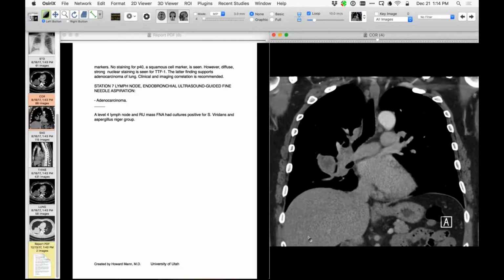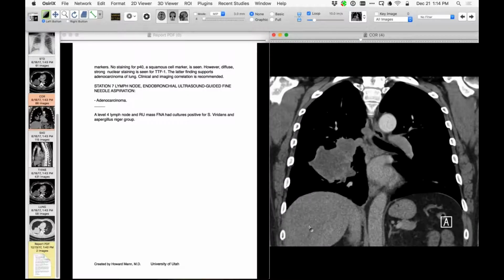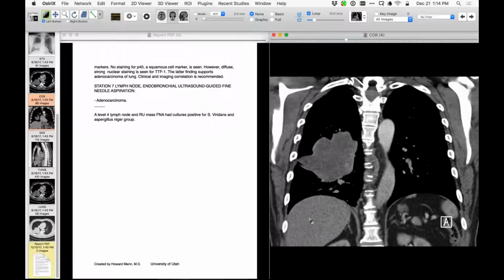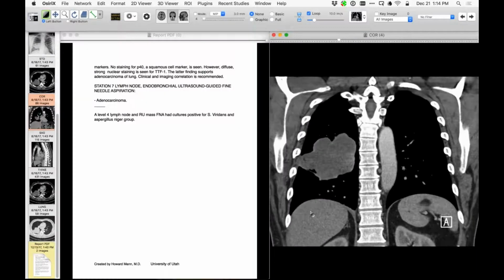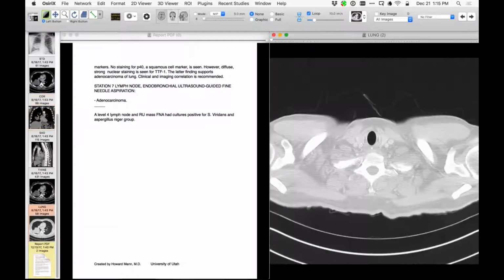Yeah, it's awfully, really necrotic looking. Yeah, and large. But you do have that rim of soft tissue around it. I guess size alone is very concerning. Yeah, really not quite sure what to make of that.